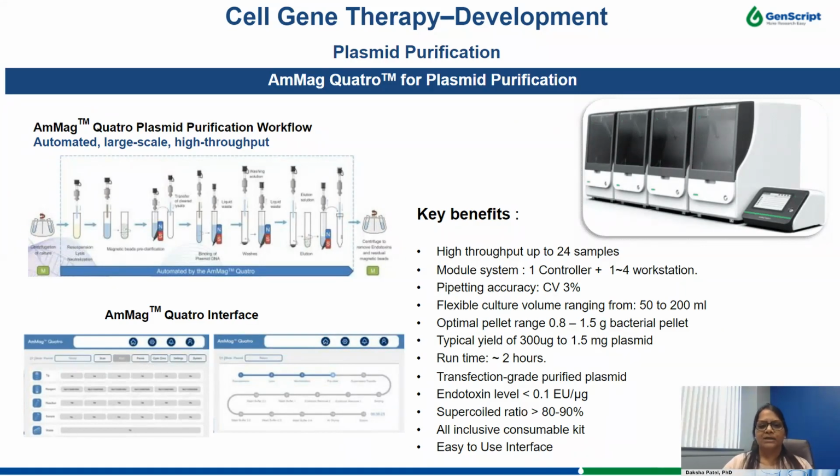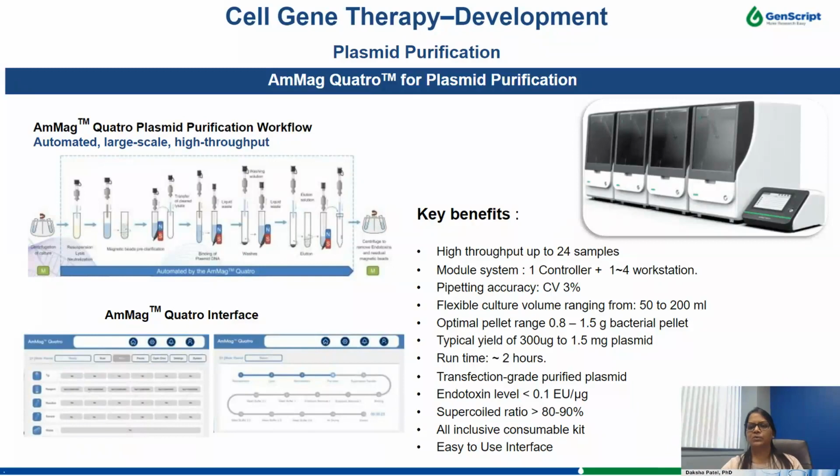And along with the plasmid manufacturing service, last year we launched the automatic large-scale high-throughput plasmid purification instrument, along with its consumables, the M Quattro. It is a fully automated solution for purifying large-scale, high-quality plasmid.